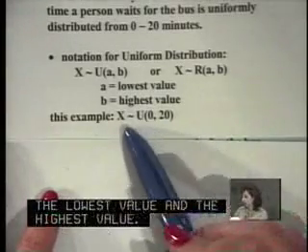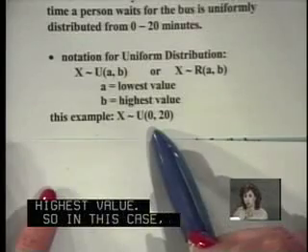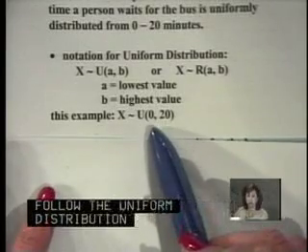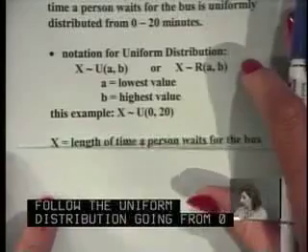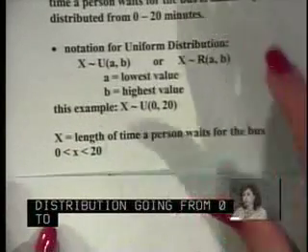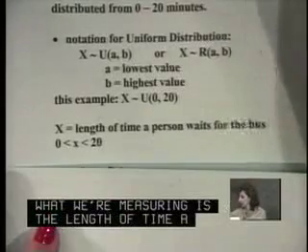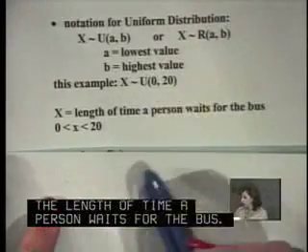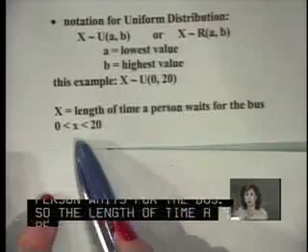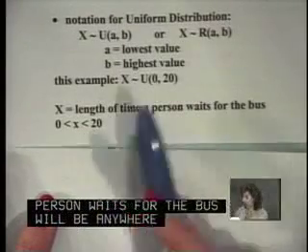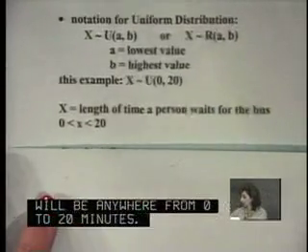So in this case, x would follow the uniform distribution going from 0 to 20. What we're measuring is the length of time a person waits for the bus, which will be anywhere from 0 to 20 minutes. That's how long somebody will be waiting for the bus.